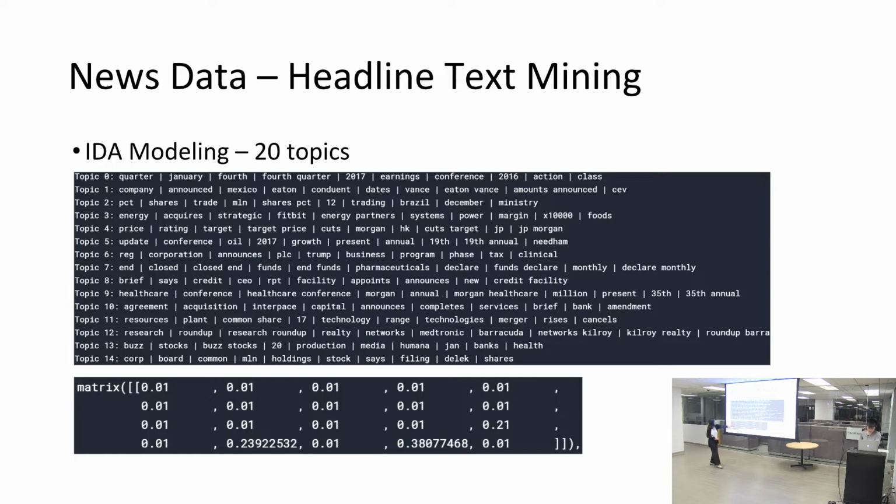For example, for this record, it has 1% relevance to topic 0, 1% relevance to topic 1, 1% relevance to topic 3, so that we could make this matrix another feature for the news data, which we can put into the modeling.